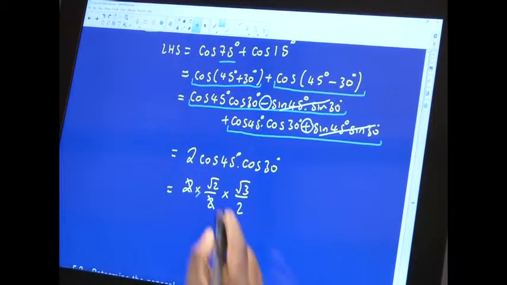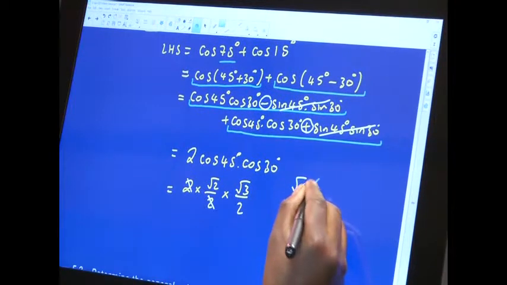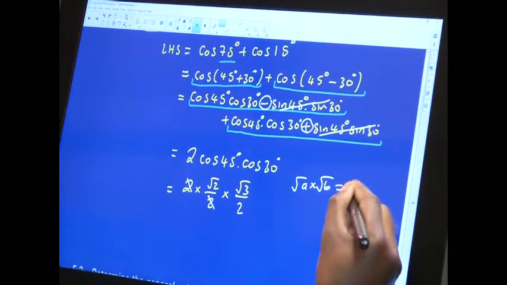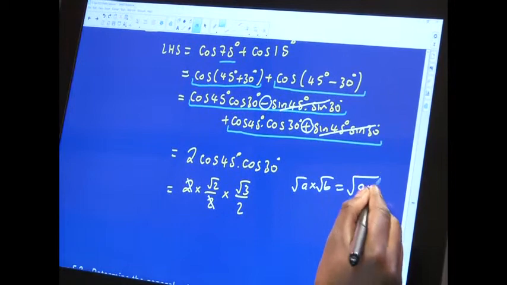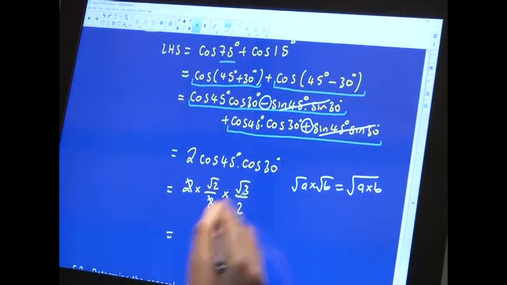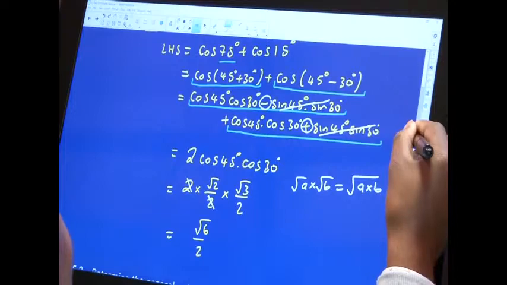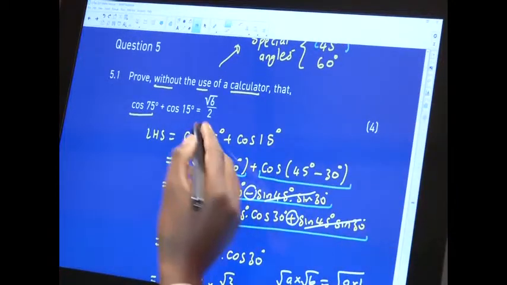And on the numerator, the root of 2 times the root of 3 is like square root a times square root b. From algebra, we know we just multiply the contents of those roots. So we are going to end up with, on the numerator, the square root of 2 times 3, which is 6, and on the denominator, we have 2. And this is exactly what they wanted us to prove in the question.